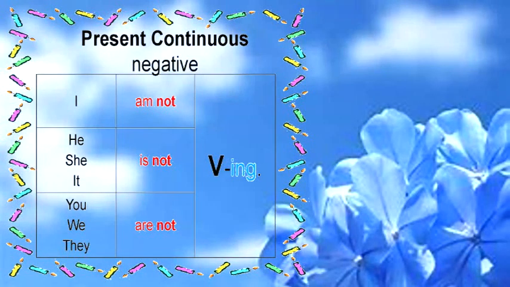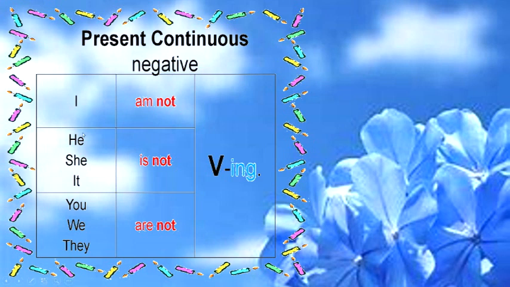Now children, let us see the negative form of present continuous tense. Yes, you are right. With the pronoun I, we use am and add the word not. Then add our verb first form and ing.